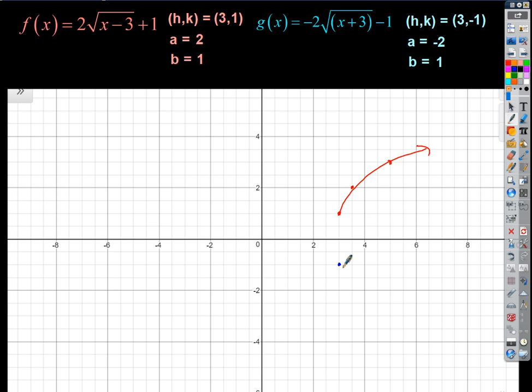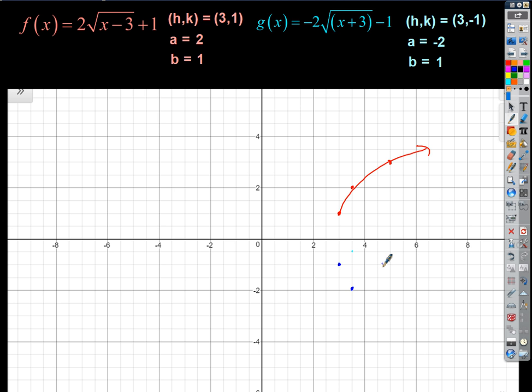What do you think is going to happen? So a is -2, so we're going to multiply all our parent vertical distances by -2. So instead of going over 1 and up 1, we're going to go over 1 and up 1 times -2. We're going to go up -2, which means going down 2.